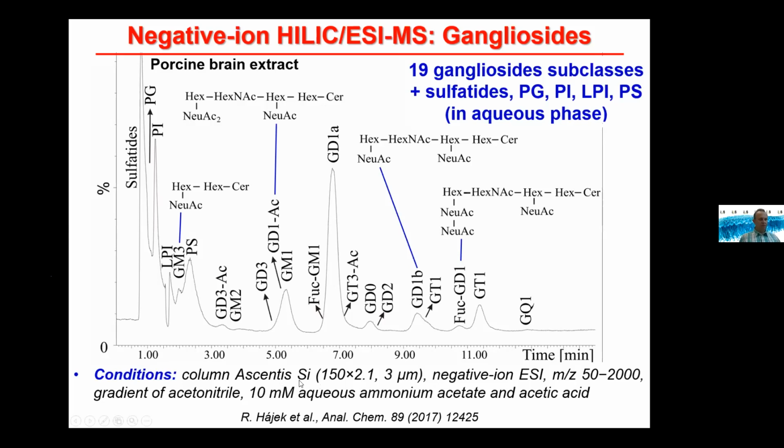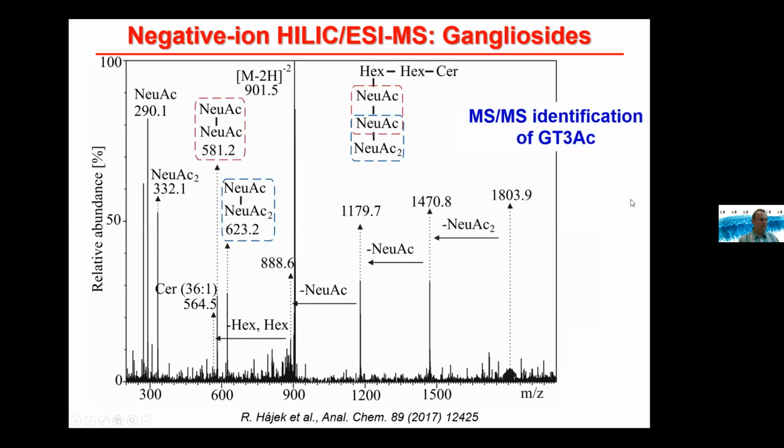The conditions: a silica gel column and a gradient of acetonitrile, aqueous ammonium acetate, and added acetic acid as well. Again, all these units may be easily identified. The sequence of saccharide units and the branching may be easily detected based on MS-MS experiments.